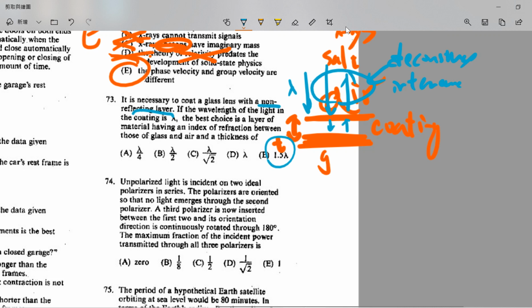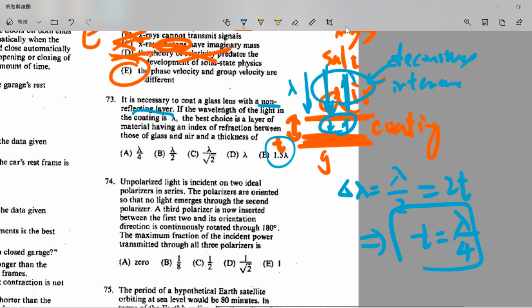So the path difference should be lambda over 2, and the difference between this one and this one is that they travel 2t. So you can solve it: you get t equals lambda over 4. So the answer is A.